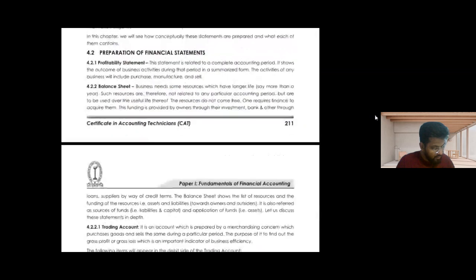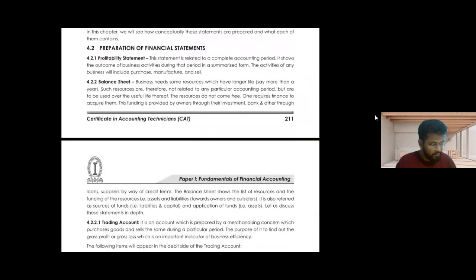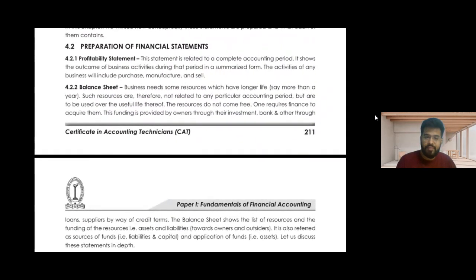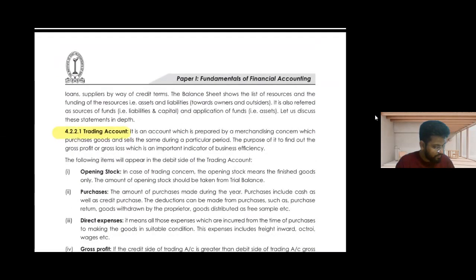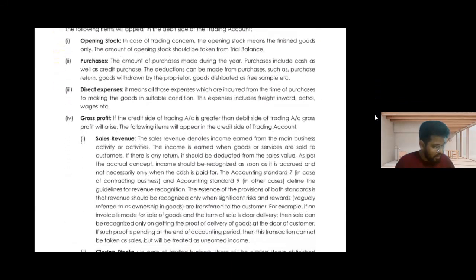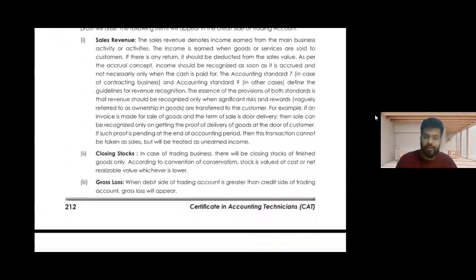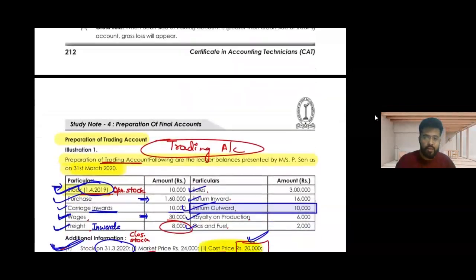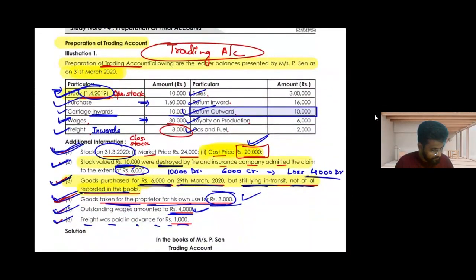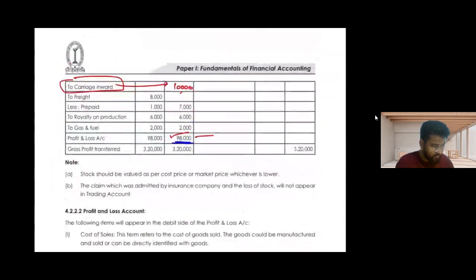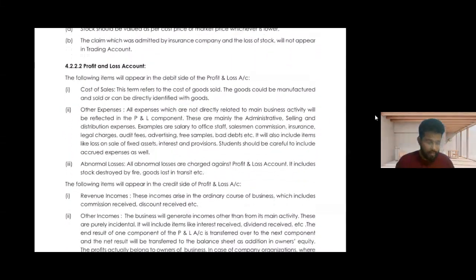Now we have discussed, see they have given profitability statement is your trading and P&L account, your balance sheet, trading account, and we did one question on the trading account which was your illustration number 1, as well as I think we did one more question. Yeah, illustration number 2. That was for your P&L account.